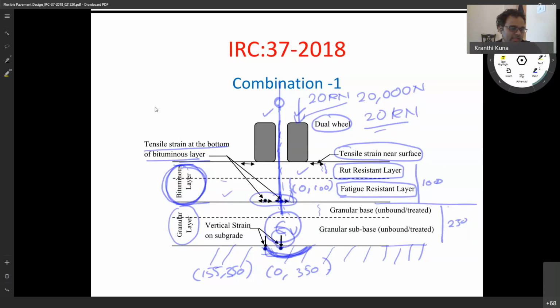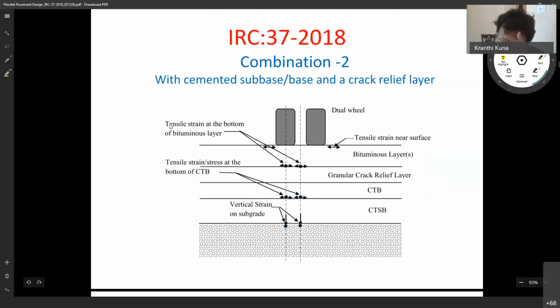Okay, and the second combination that we have is cement treated. So you have a bituminous layer. Below that, I'll come to what the granular crack relief layer is. We have a cement treated base. CTB is cement treated base, and CTSB is cement treated sub base.